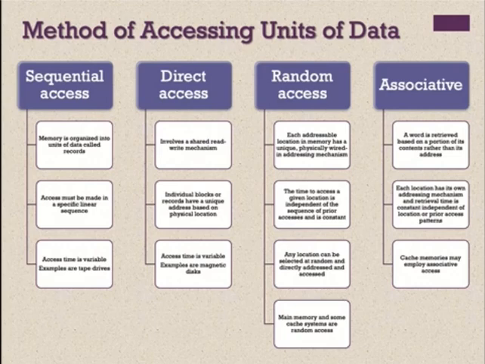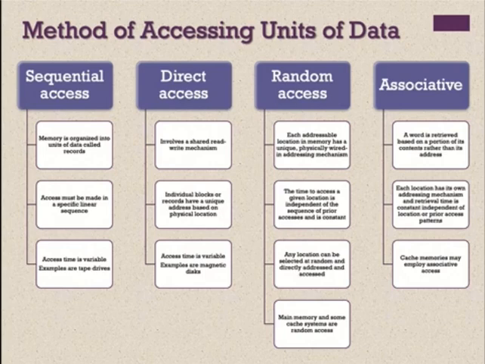The other method is direct access, and it involves a shared read-write mechanism. Individual blocks or records have a unique address based on physical location. Again, access time is variable.